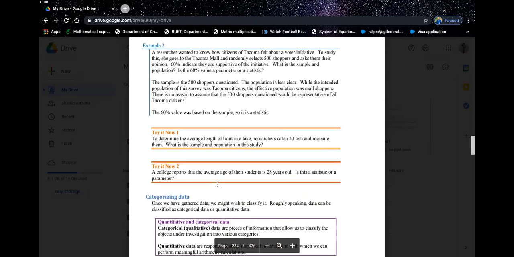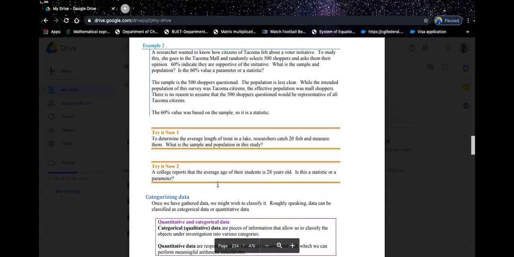Let's see that. A researcher wanted to know how citizens of Tacoma felt about a voter initiative. To study this, she goes to the Tacoma Mall and randomly selects 500 shoppers and asks them their opinion. 60% indicate they are supportive of the initiative.